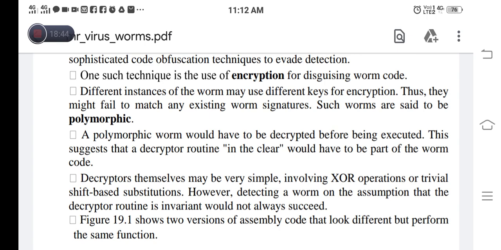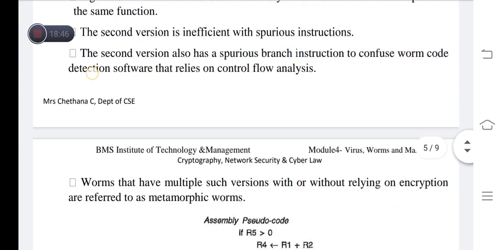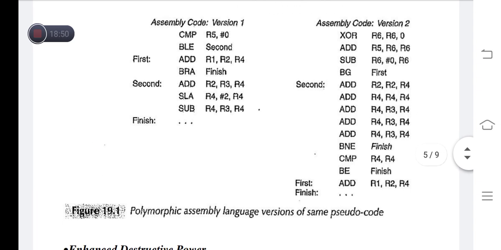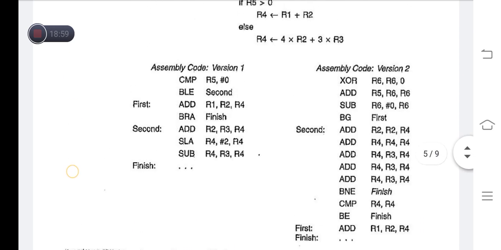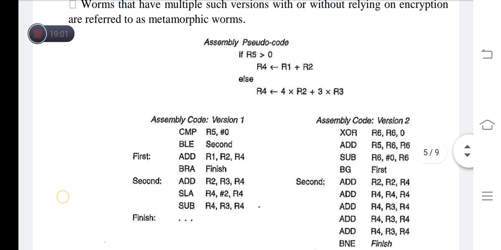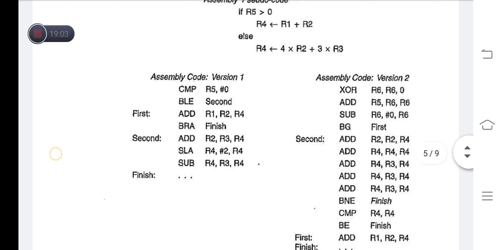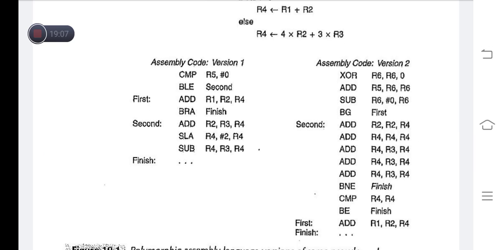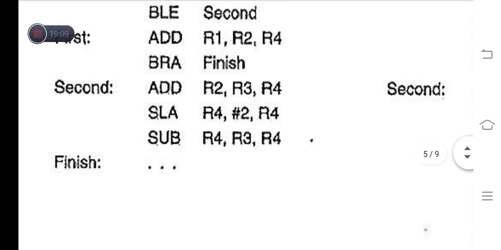Next, in the figure we are going to see polymorphic assembly language versions of the same pseudocode. For the same functionality we have different versions of the assembly code, version 1 and version 2.